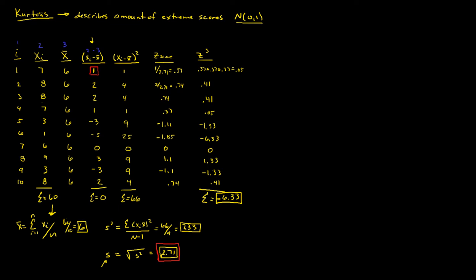If you summed all of these deviation scores in column 4, you would get a sum of 0. These are how far each of the raw scores is from the mean, that measure of central tendency. In column 5, X sub I minus X bar squared, we're squaring these deviation scores.